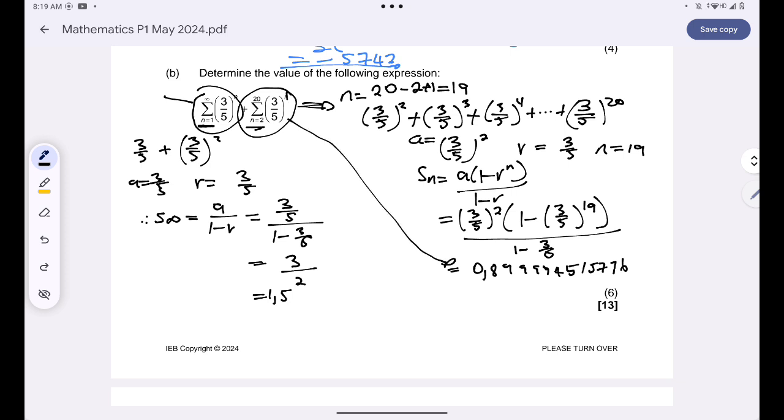So now I know that this one is equal to 3 over 2, which is 1.5, and this one is equal to this one. For me to find the solution for this expression, I'll simply say this is equal to 1.5 plus 0.8999451576.